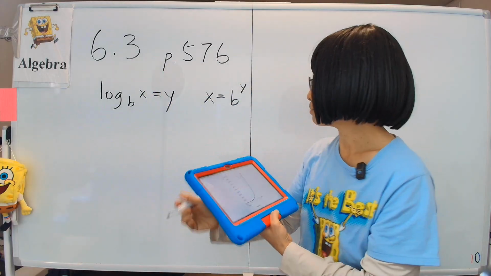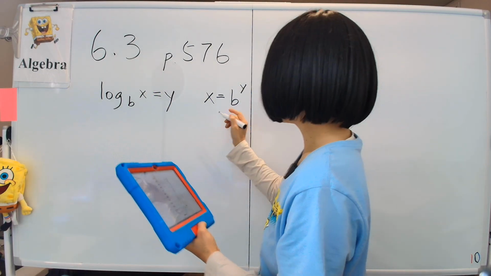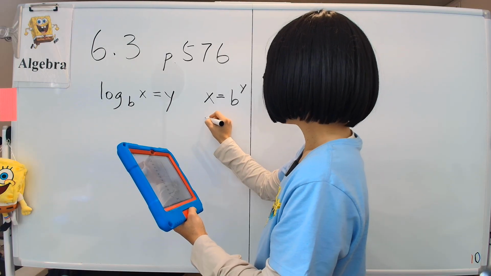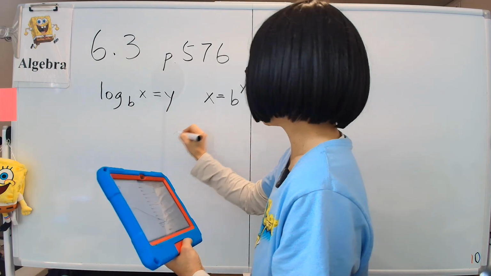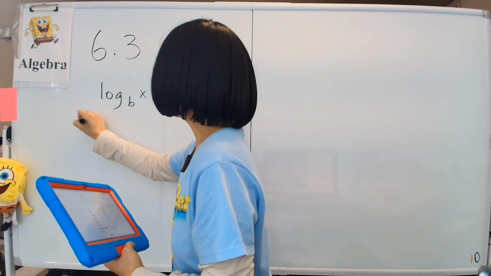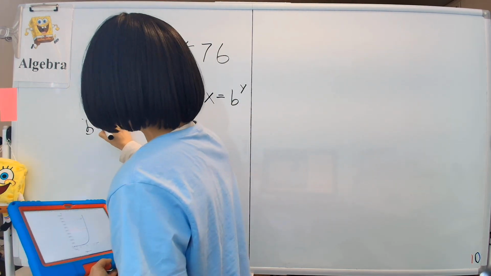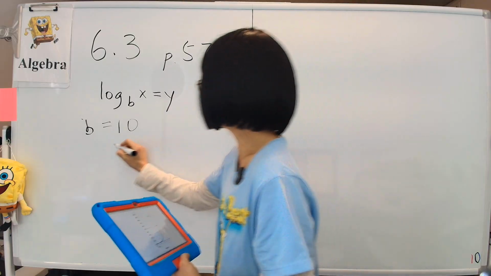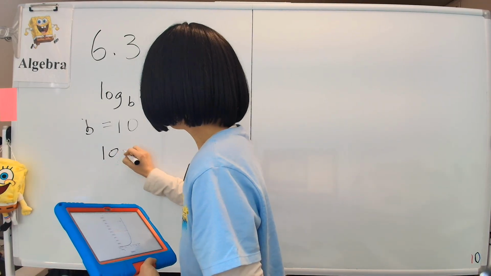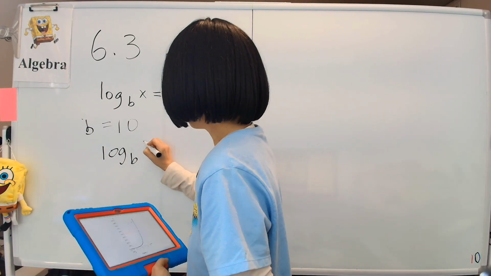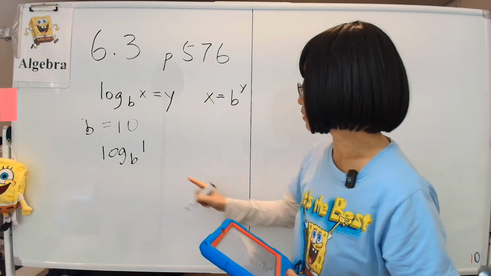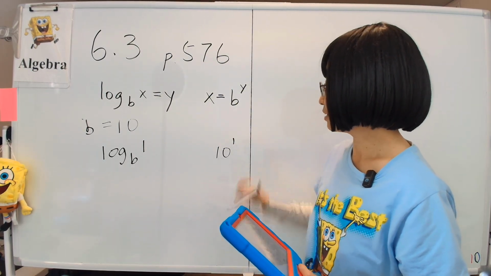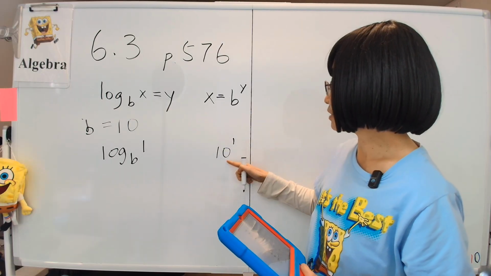We have 10 to the power x. Let's say b equals 10 in our case, as an example. So if b equals 10, then let's figure out some numbers.